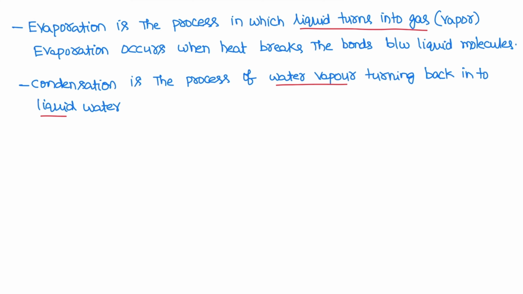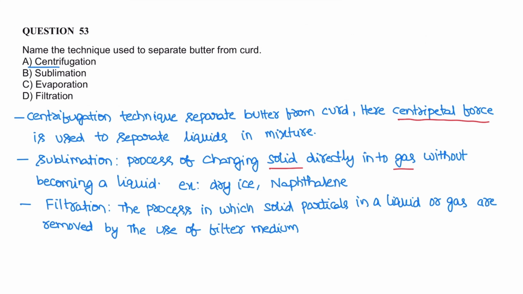Evaporation means liquid to gas, condensation is water vapor to liquid. So for this question, the correct option is A. Sublimation means solid to gas, evaporation is liquid to vapor, if the liquid is water it is water vapor, and filtration is removing particles from the gas or from the liquid.